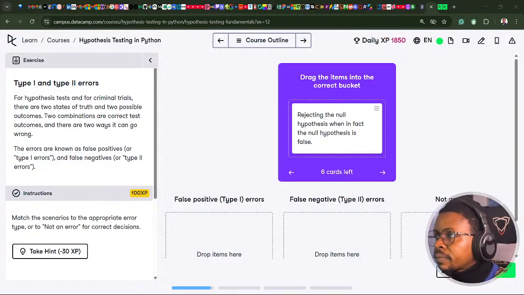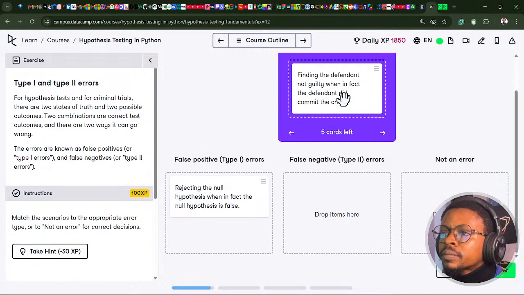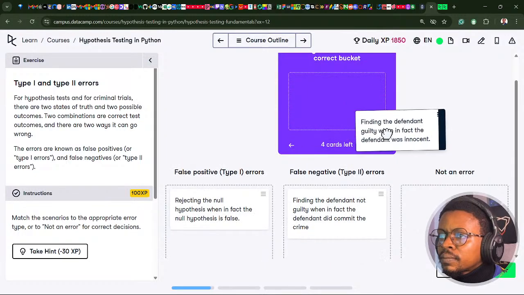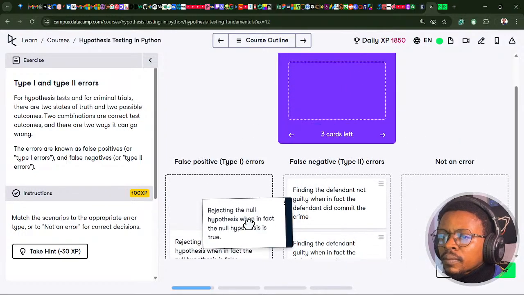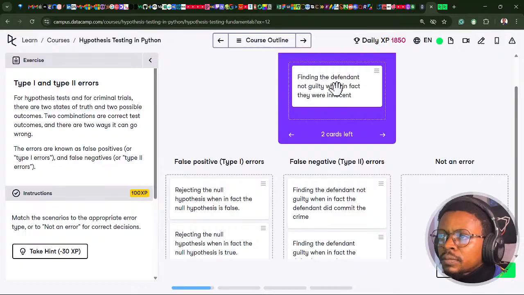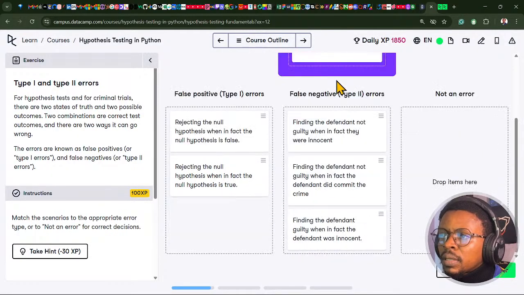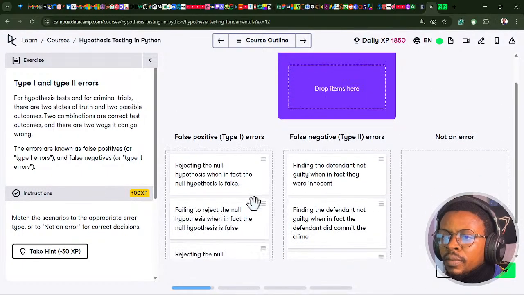For example, finding the defendant guilty when in fact the defendant did not commit the crime, and they were innocent. That should be an error, definitely an error.